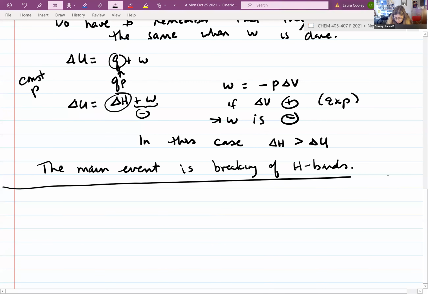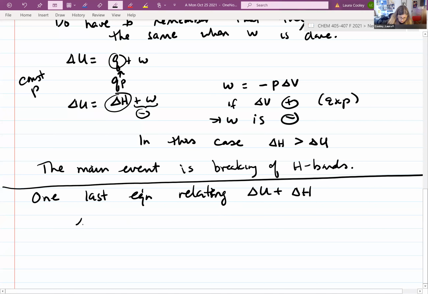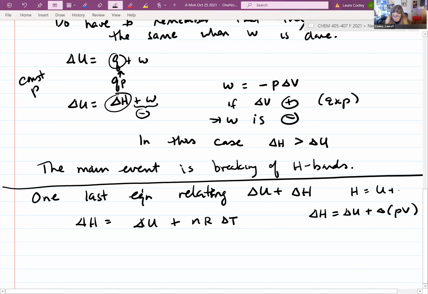Okay, so there's one last equation that relates delta U and delta H, and that's this one. If you remember, we had H is U plus PV, so delta H is delta U plus delta PV.